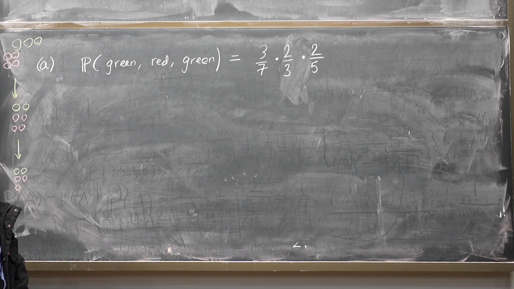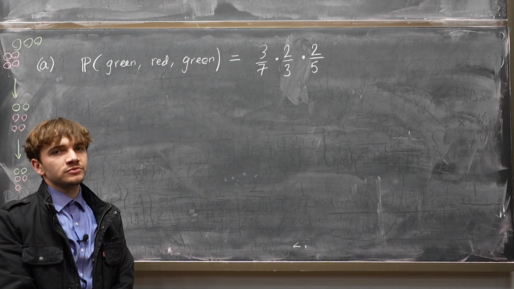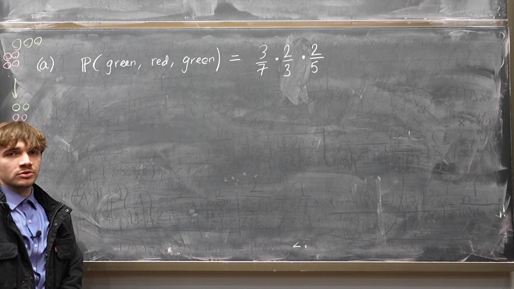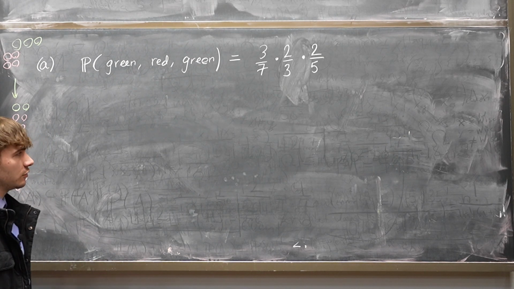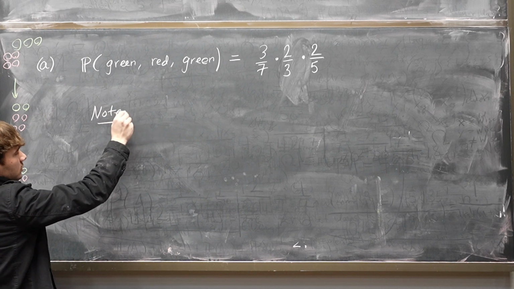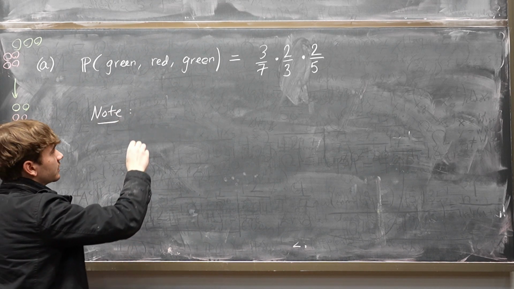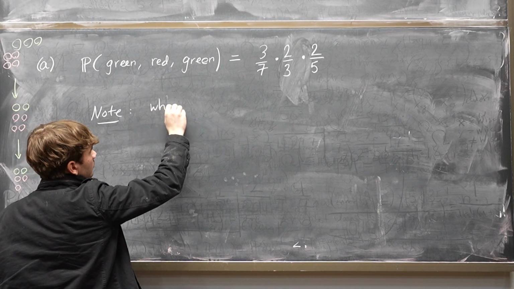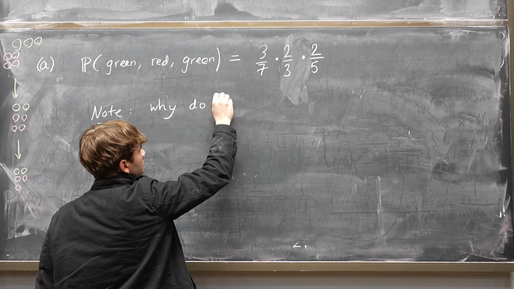Yeah, so I guess to understand why these probabilities multiply together, it probably helps to first consider a simpler problem. So let's just go on a side quest here. So why do probabilities multiply like this?